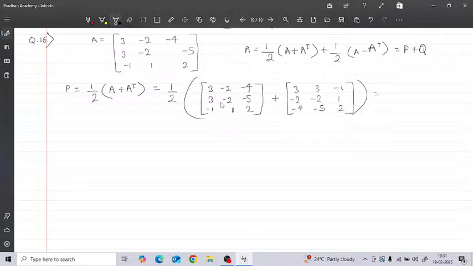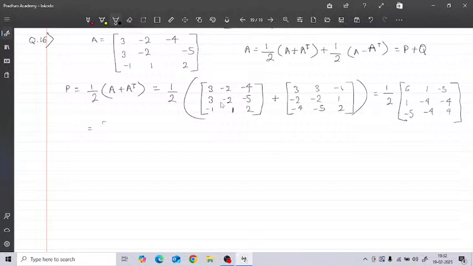After taking the sum, we get 3 plus 3 is 6, 1, minus 4 minus 1 that is minus 5, minus 2 minus 2 is minus 4, that's also minus 4, minus 5, and 4.